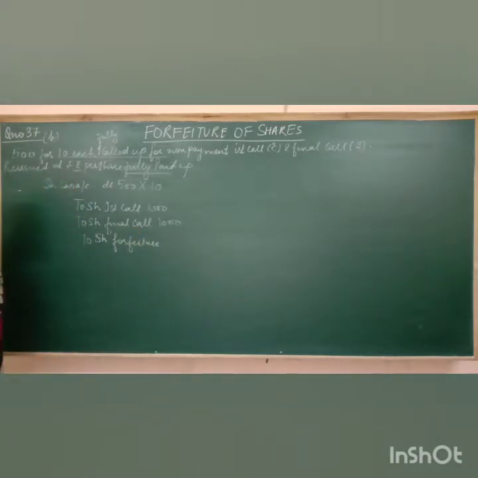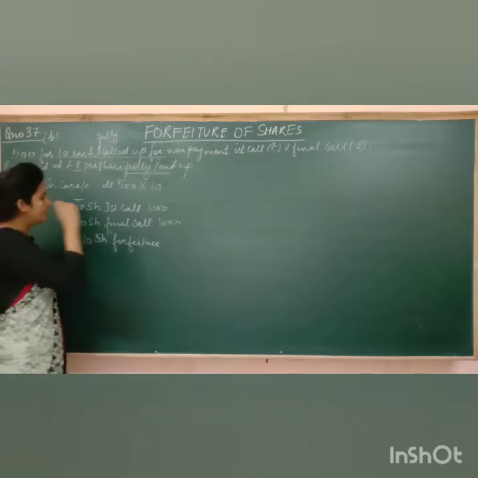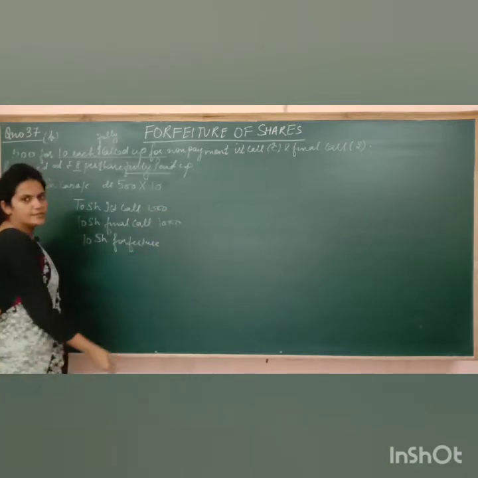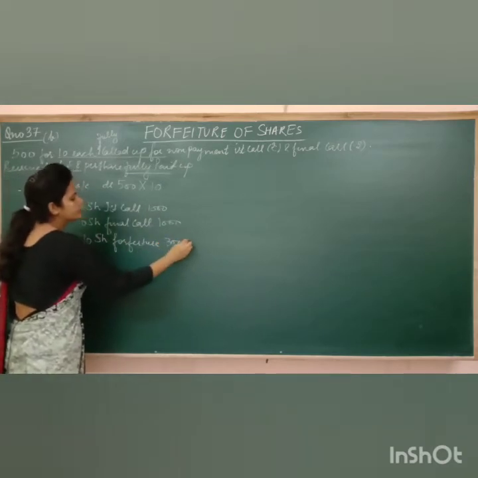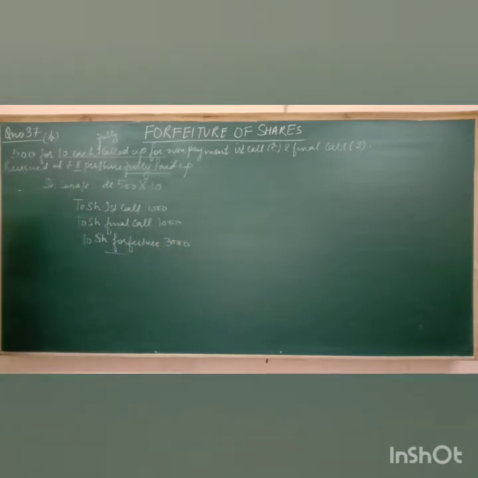You just simply balance it, otherwise 5,000 minus 2,000 is 3,000. That's all. You may simply balance it also. This amount is profit on forfeiture.